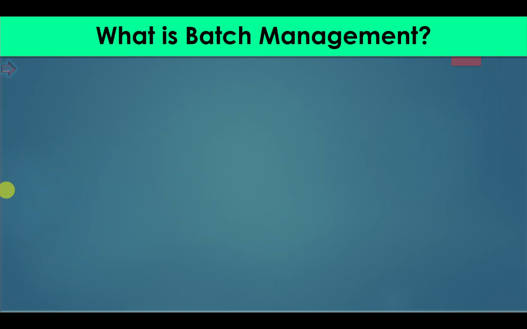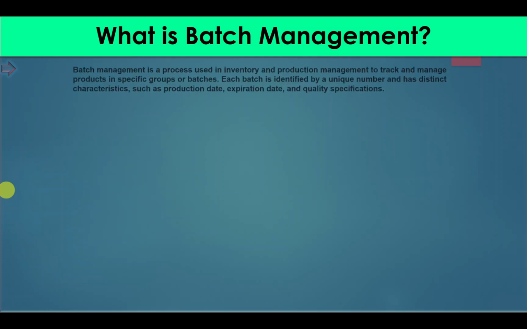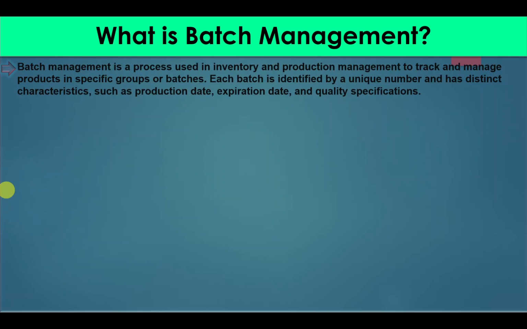Now, what is batch management? We already saw a batch, but managing this batch is nothing but batch management. So we will see in detail. Batch management is a process used in inventory and production to track and manage products in specific groups or batches. Those are created in certain batches, and how to manage those is nothing but managing a batch.